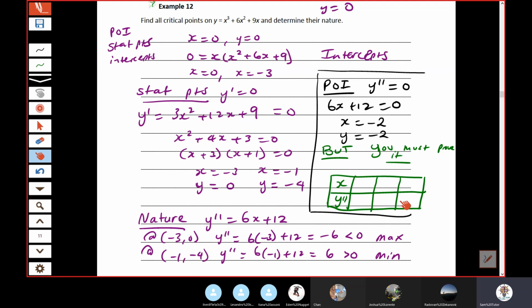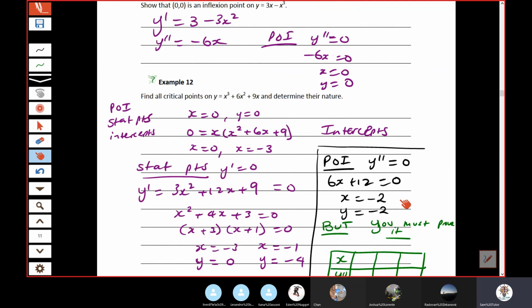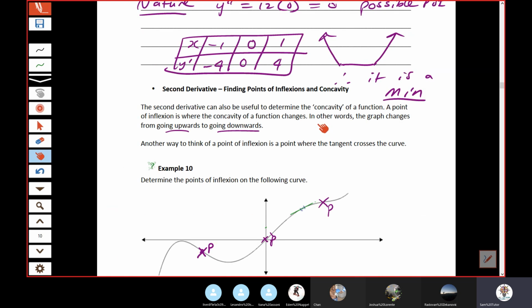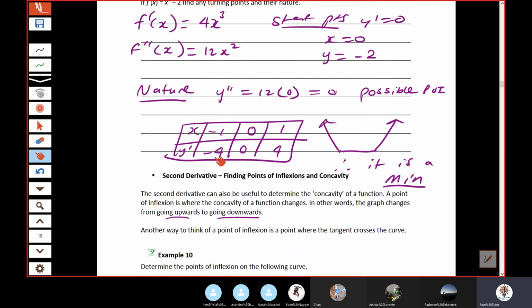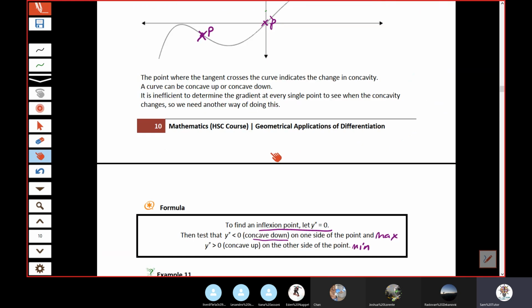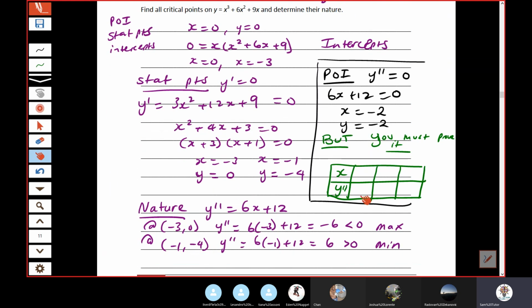We don't care about the order. It's not like this one, where the order mattered if it was negative and positive, or positive and then negative. Order doesn't matter. All we care about is that there is going to be a difference, and if there's going to be a difference, that means it's moving from a minimum to a maximum, or a maximum to a minimum, whatever, which means this actually is a point of inflection.